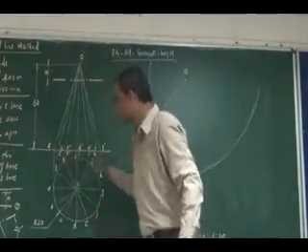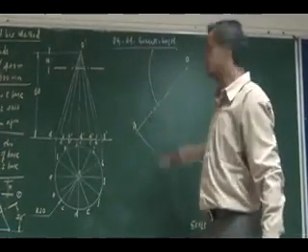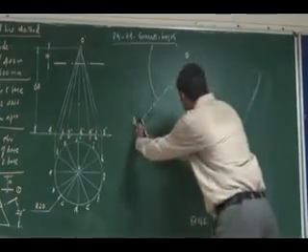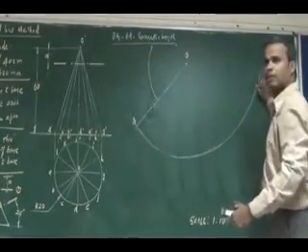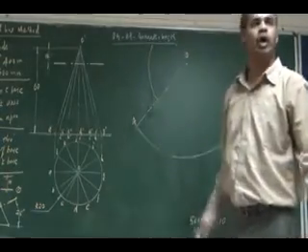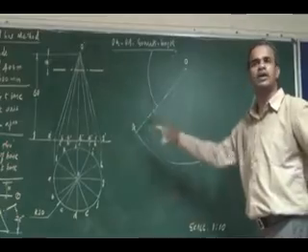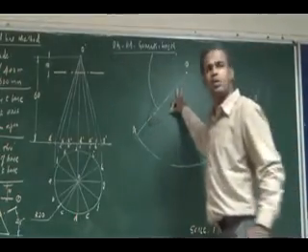The cone base diameter is 40, so 40 into pi, that is pi d. That length will be 125.6. Along this arc I have to measure it and close it up. That is going to be my development of the cone. Can you measure 125.6 along this arc? It is not possible, it's difficult. So see here what I can do.